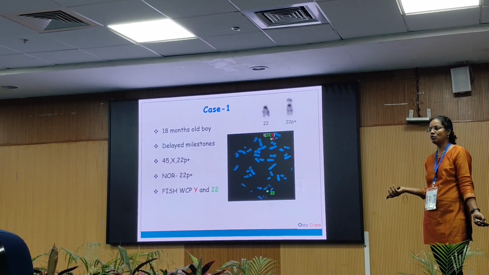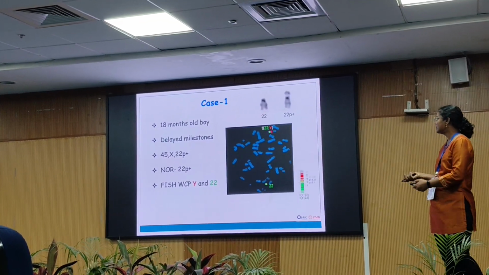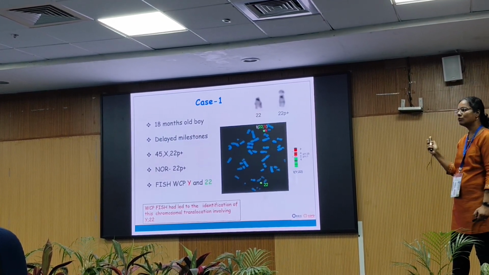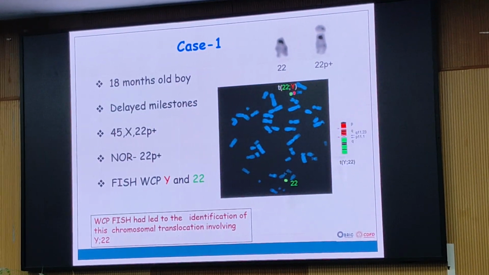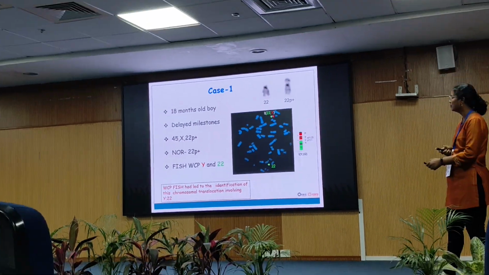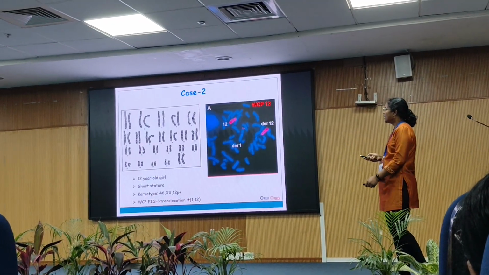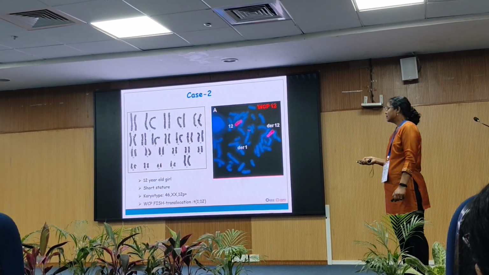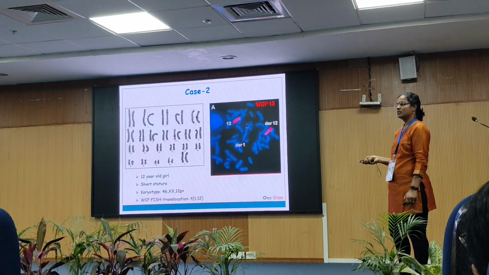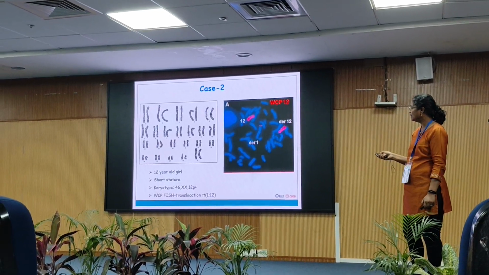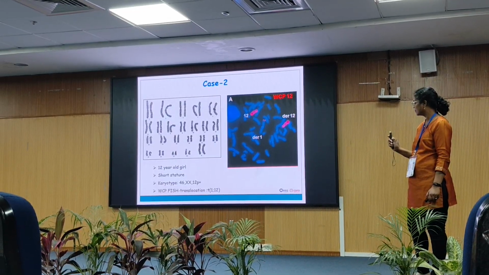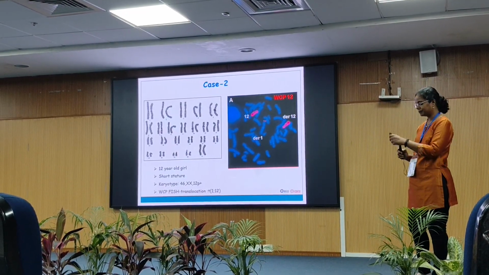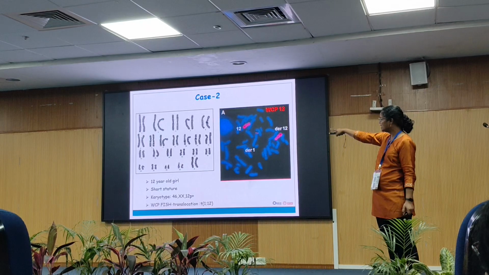Okay, this simple technique of FISH, leading to whole chromosome paint, has led to the identification of this particular case. And the second case is a 12-year-old girl with short stature. Karyotype has revealed that there is an additional region on chromosome 12 here.